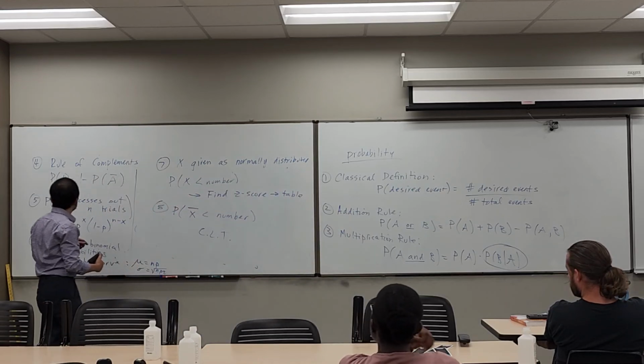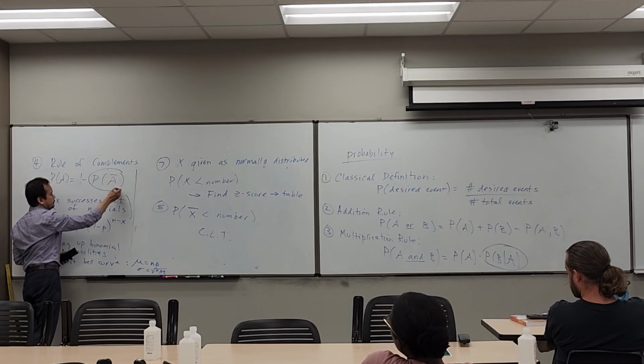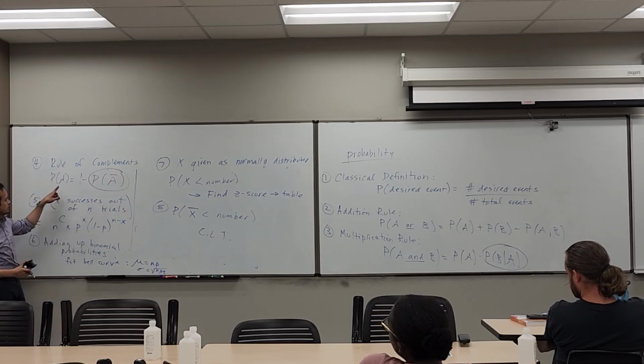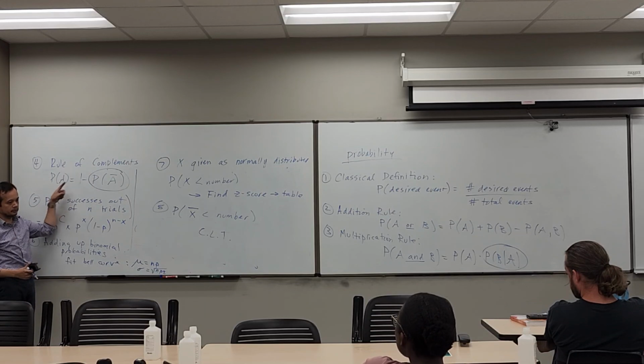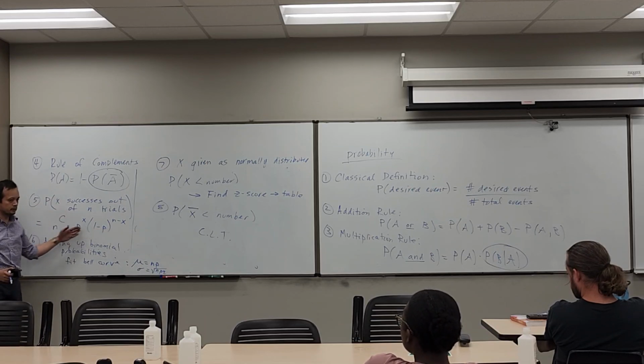If the structure is, you know the probability of the complement much easier than the probability of what you're trying to find, then you would use the rule of complements. If you have a probability with the structure, a number of successes out of another number of trials, you would use this binomial probability formula.